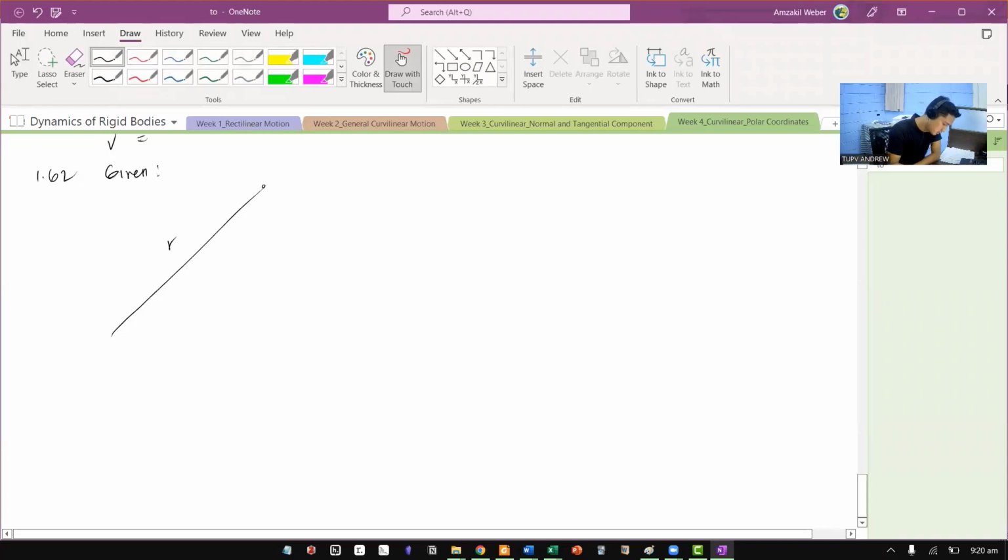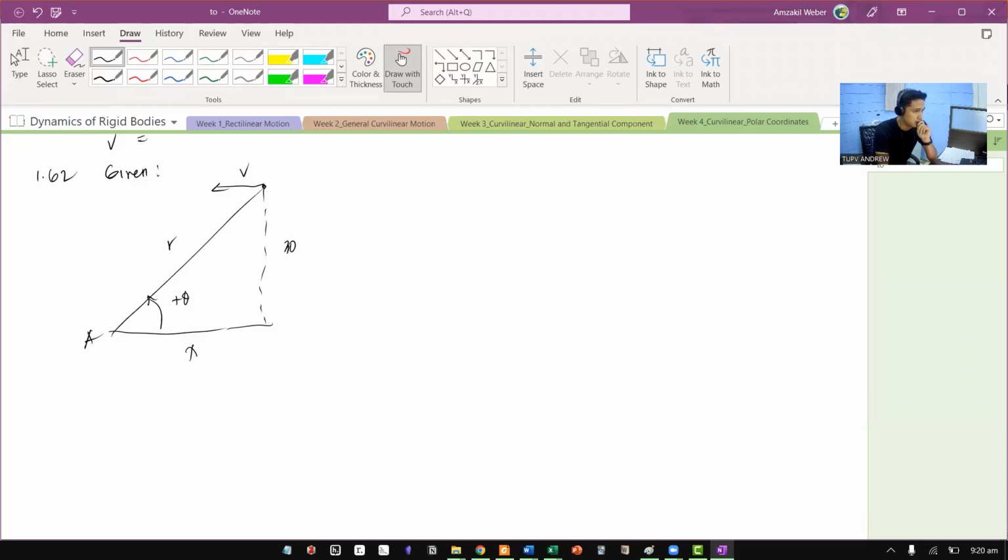This is R, this is our runner, this is the camera, and this is our positive angle. It's point A, and the distance is 30 meters. We draw an x to complete the figure. The required quantity is theta dot. So how do we solve this problem?